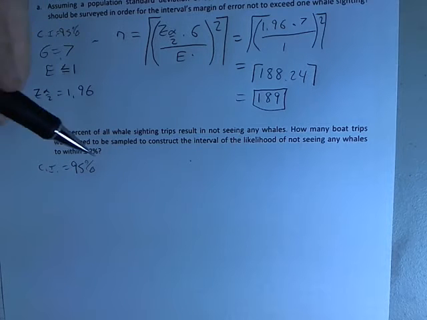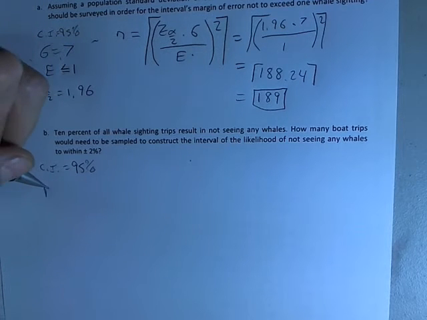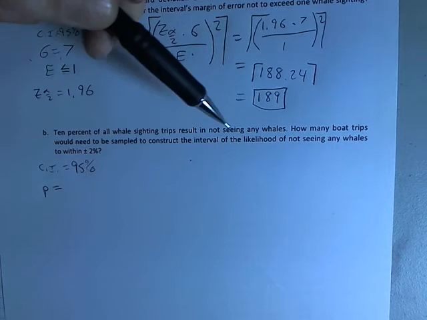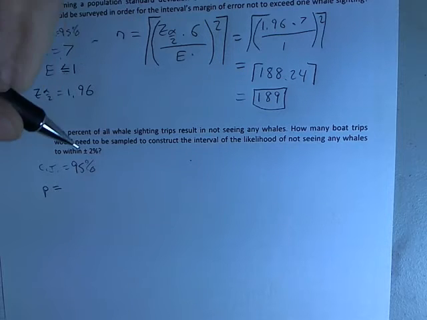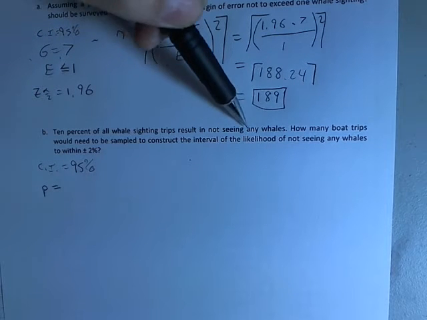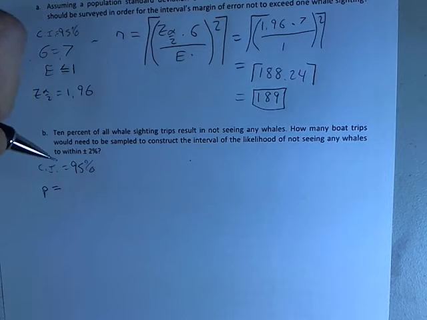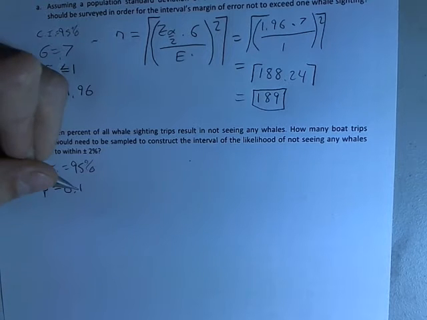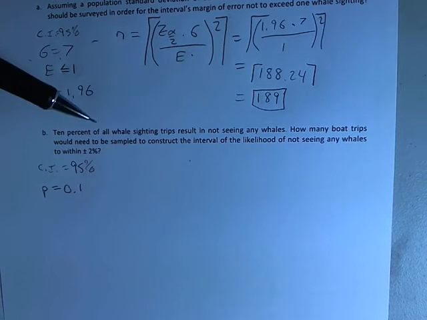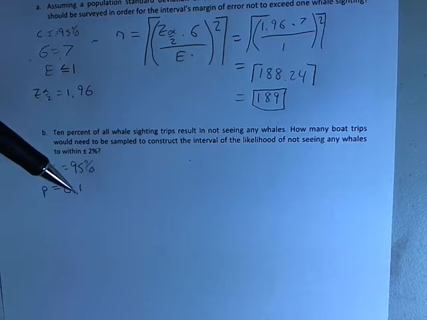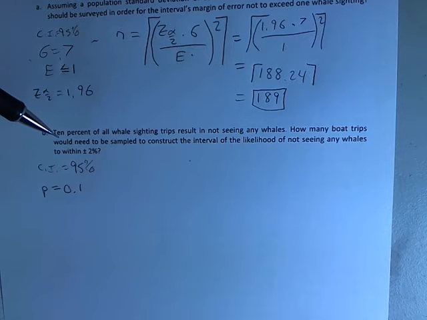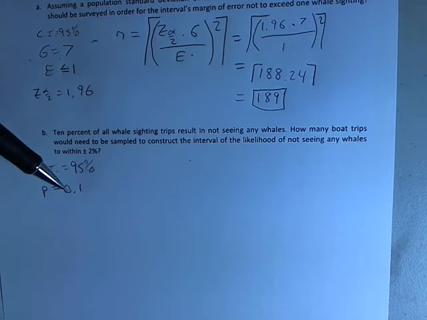So in this case, this is a proportion problem, and the success outcome is going to be a trip that doesn't see any whales. So for one trip to not see any whales, we're told that there's a 10% probability of that happening, or correspondingly that 10% of all whale sighting trips don't see any whales, and that gives us our population proportion that we're going to work with.